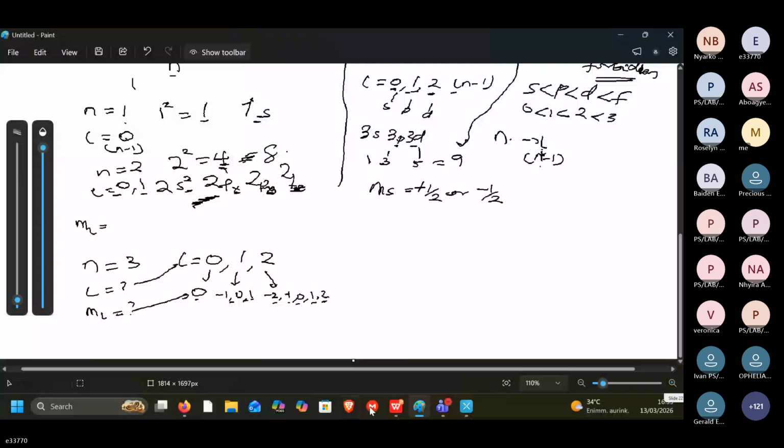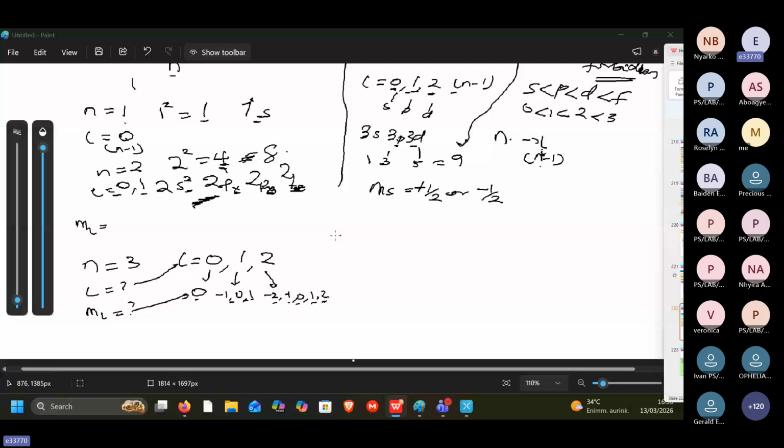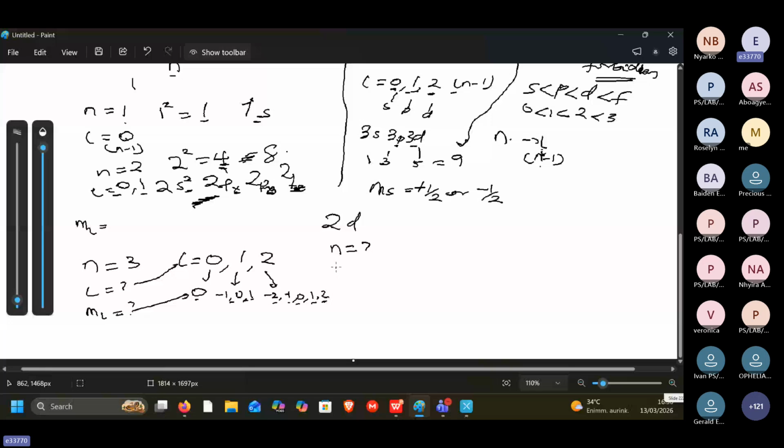Yes. Okay. Now, so that we can flip it, for example, if I write 2D, and I ask you to give me the value of N, the value of L, and the value of ML, what will be the value of N?